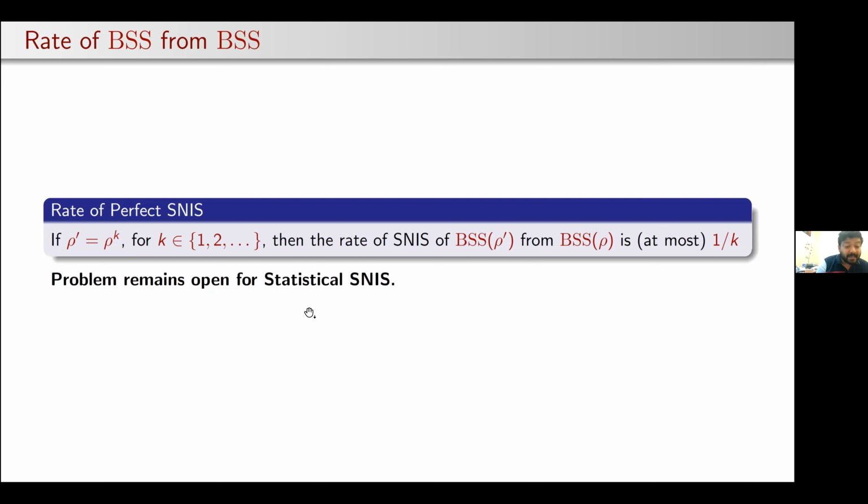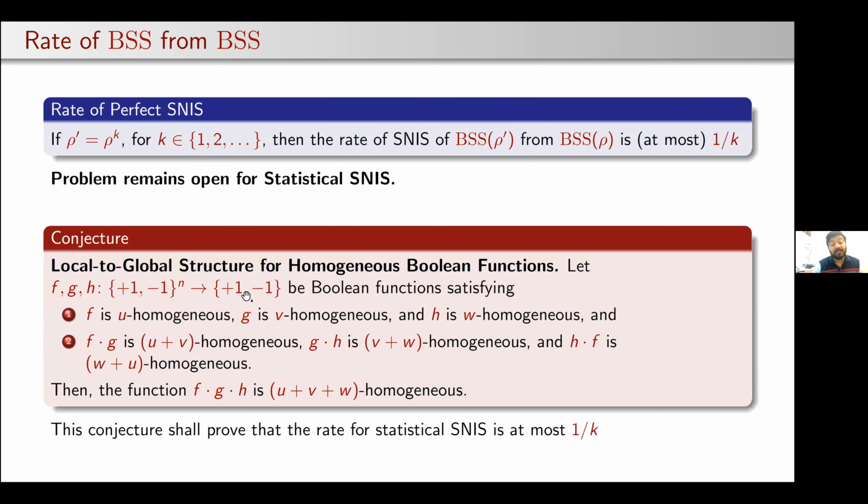However, the case of statistically secure simulation remains open. We in fact have a conjecture pertaining to homogeneous Boolean functions. If this conjecture holds, then our result will extend to the statistically secure non-interactive simulation rate as well.